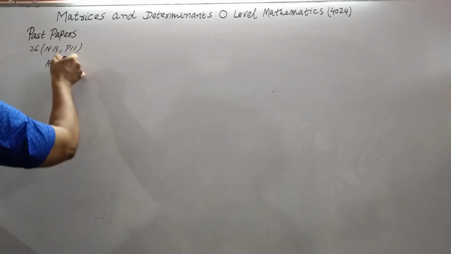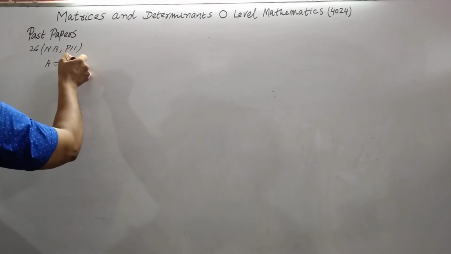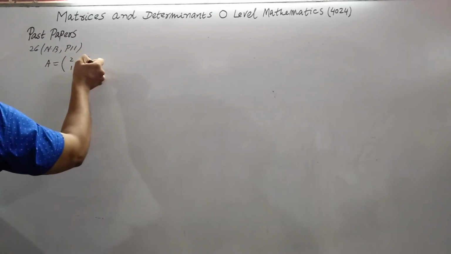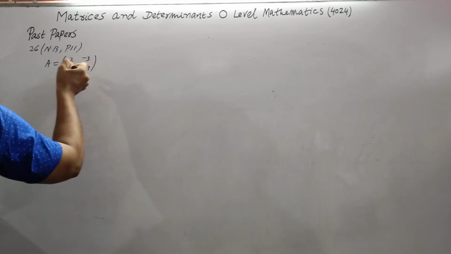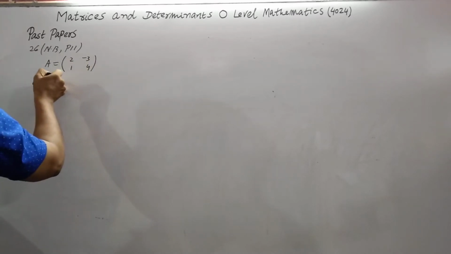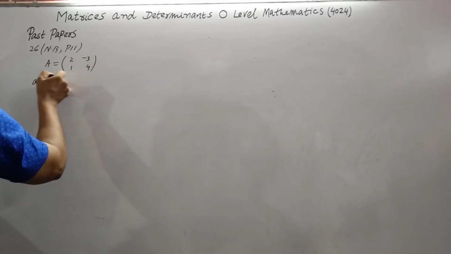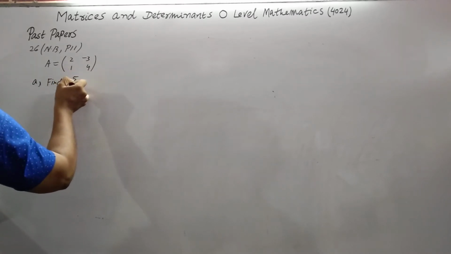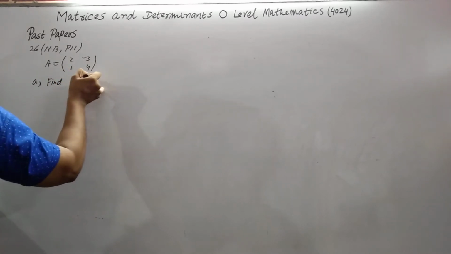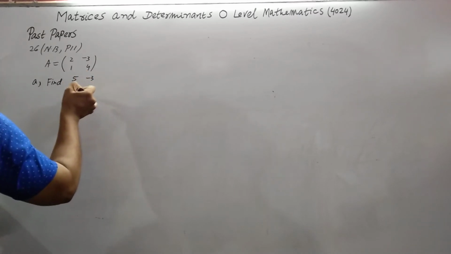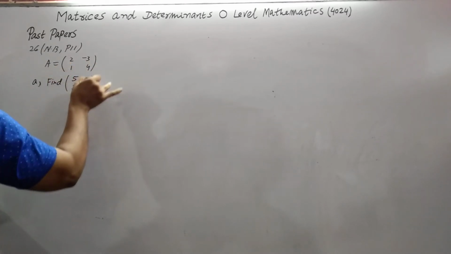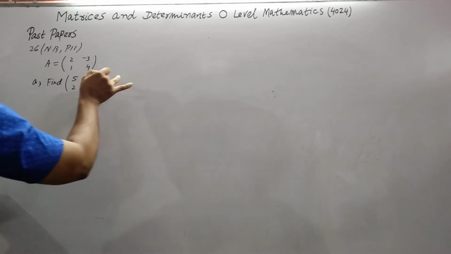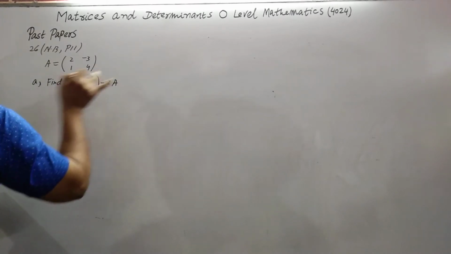A equals 2, 1, minus 3, 4. Part A: find 5, 2, minus 3, 6, minus 2A.